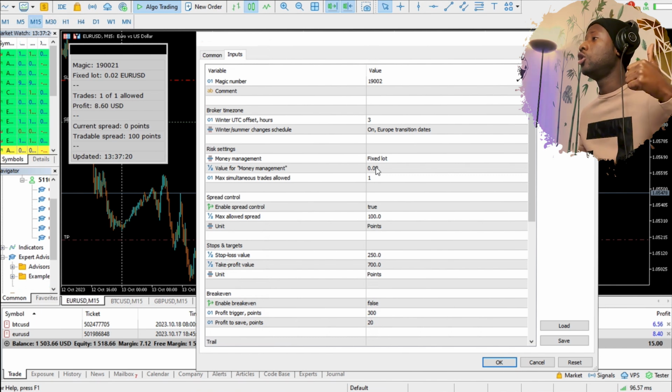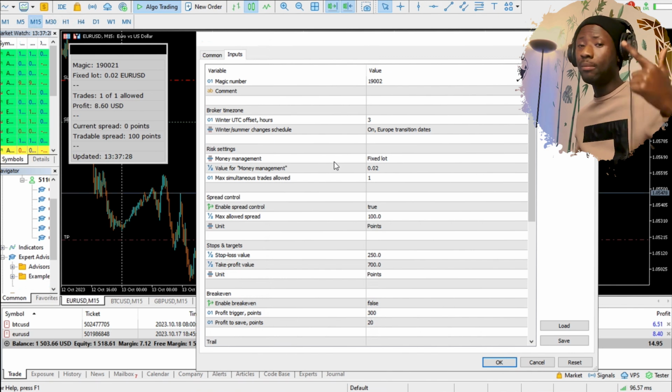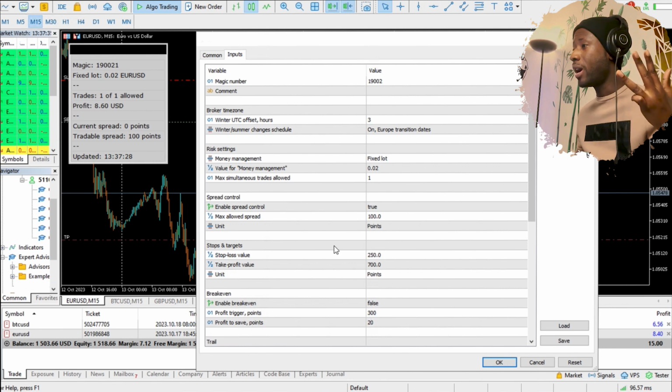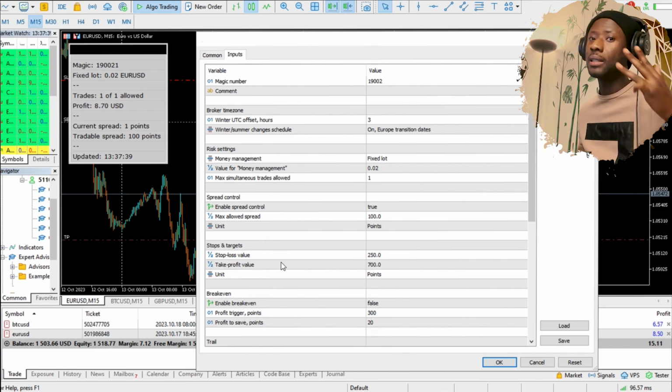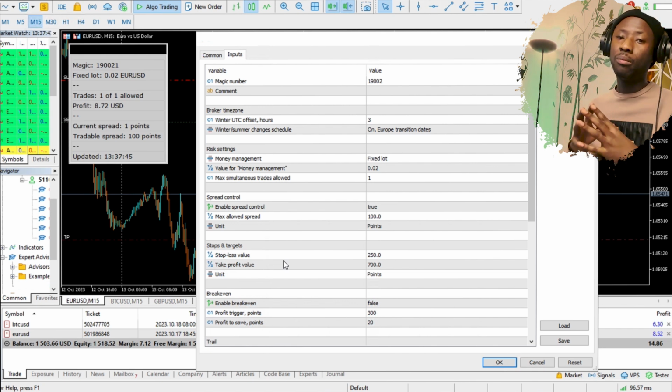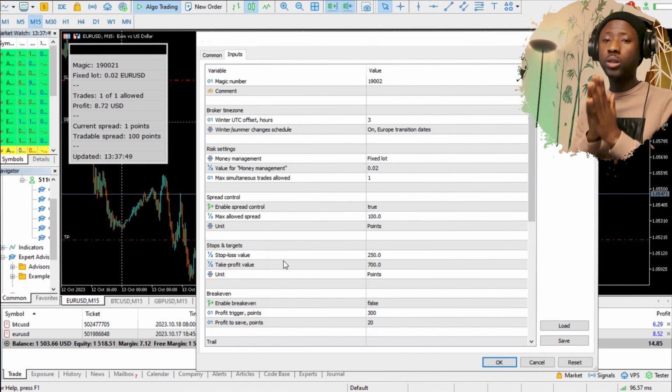Also your time zoning, if they give it to you or if it is in the code. Your risk management, spread control, stop loss, and take profit targets: these four things are a must for you to be able to trade profitably with your robots.